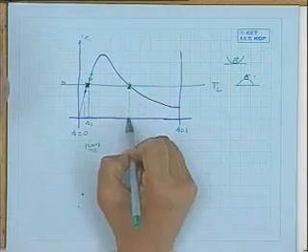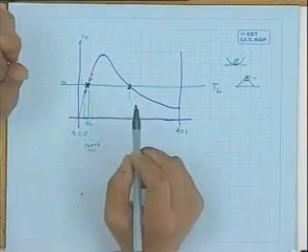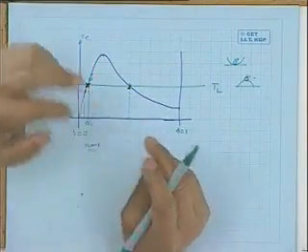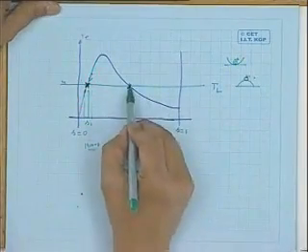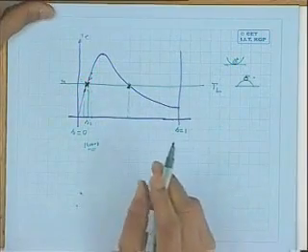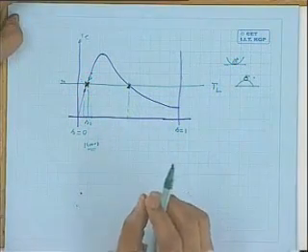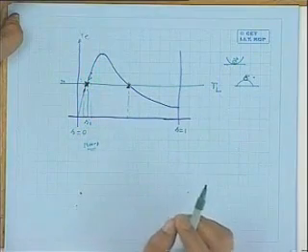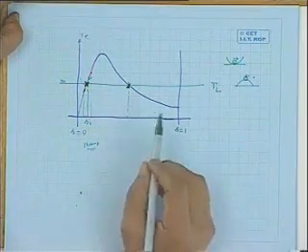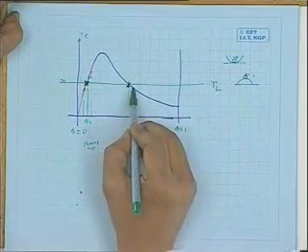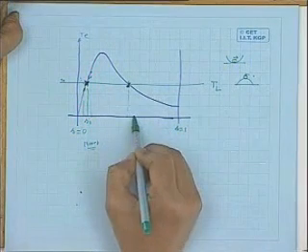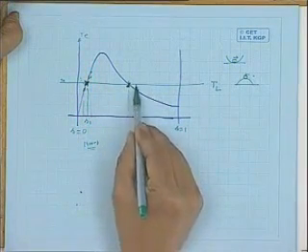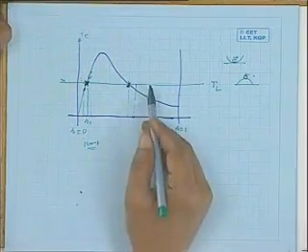You imagine, let us assume for argument's sake, that at this point the machine operates steadily. In that case, if you imagine that a disturbance is given such that the speed becomes slightly less, suppose the speed becomes here.